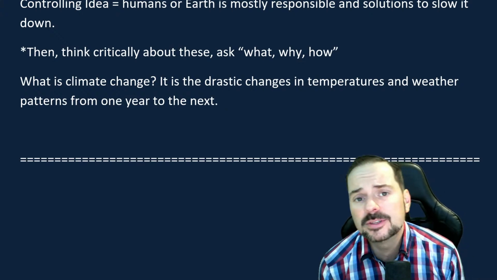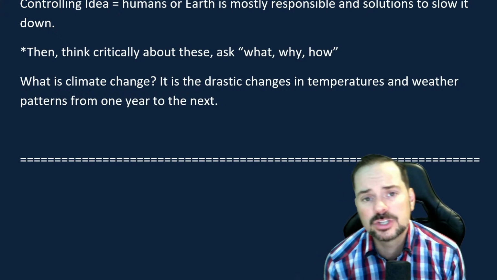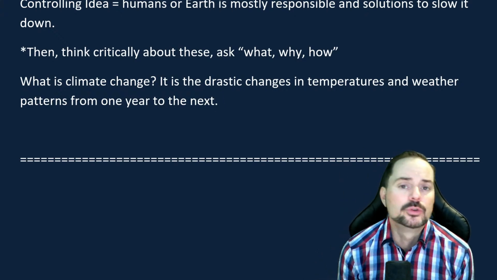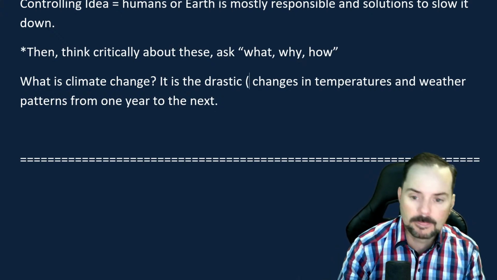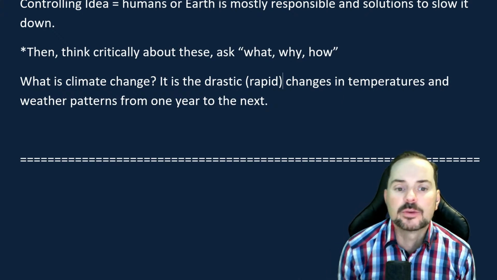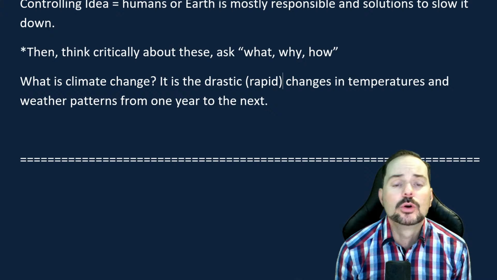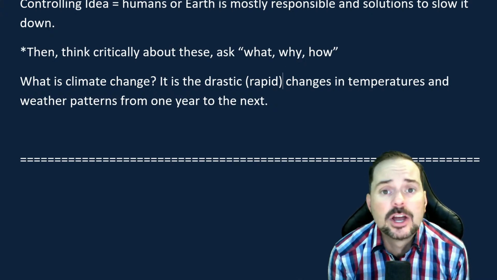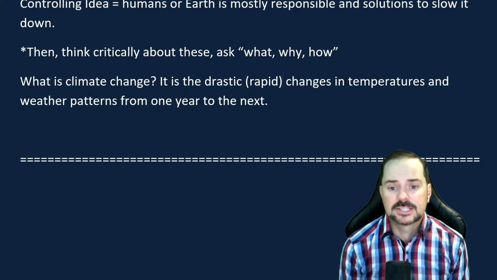I'm just writing the definition that I think most readers will go, okay, that's sufficient. Climate change is drastic, or if you don't know the word drastic, you can use the word major or rapid, changes in temperatures and weather patterns from one year to the next. That's what I would define climate change as in this 300 to 350 word band 8, band 9 essay.